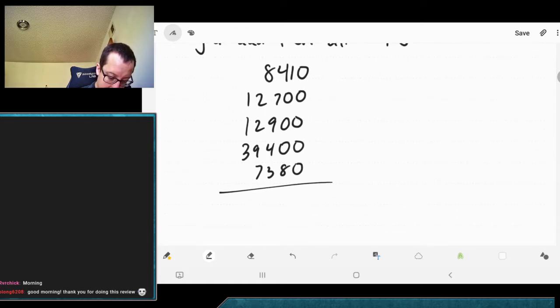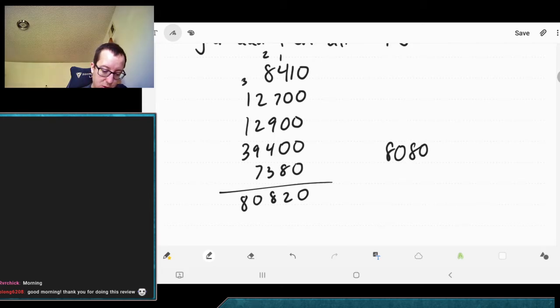You do all this fun stuff, you get some crazy number. Looking with sig figs, if this is indeed what we have, it should round to 80,800 joules, which would be the same thing as 80.8 kilojoules.